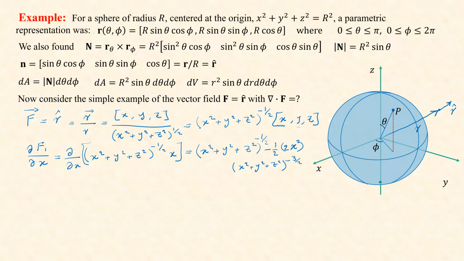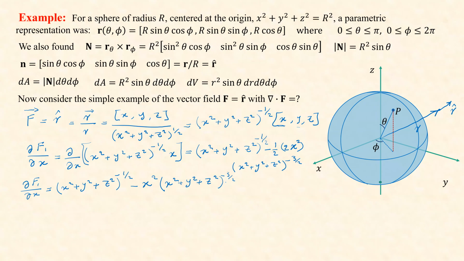The 2 cancels, and then you have partial of f1 with respect to x equal to (x squared plus y squared plus z squared) to the power negative 1/2, minus, the 2 cancels, you get x squared times (x squared plus y squared plus z squared) to the power negative 3/2.